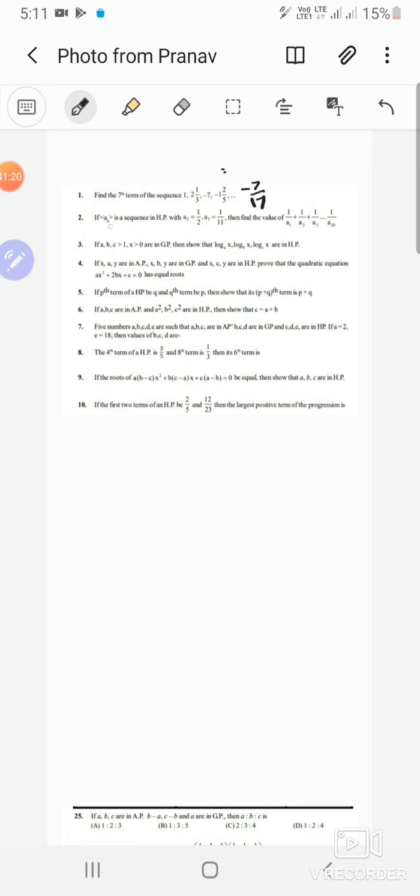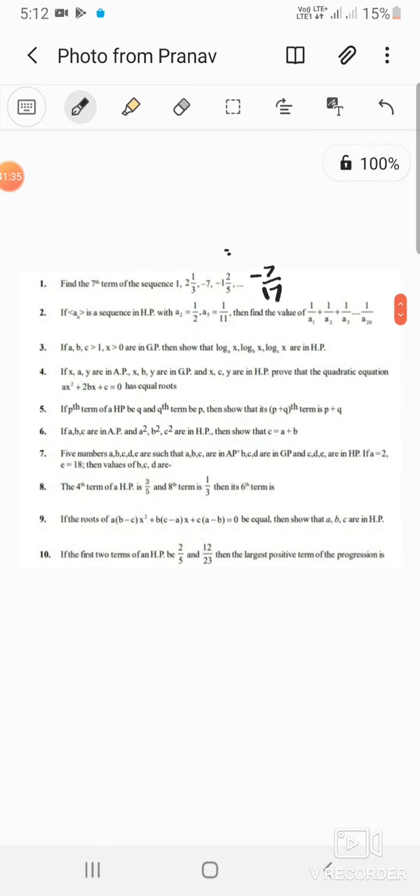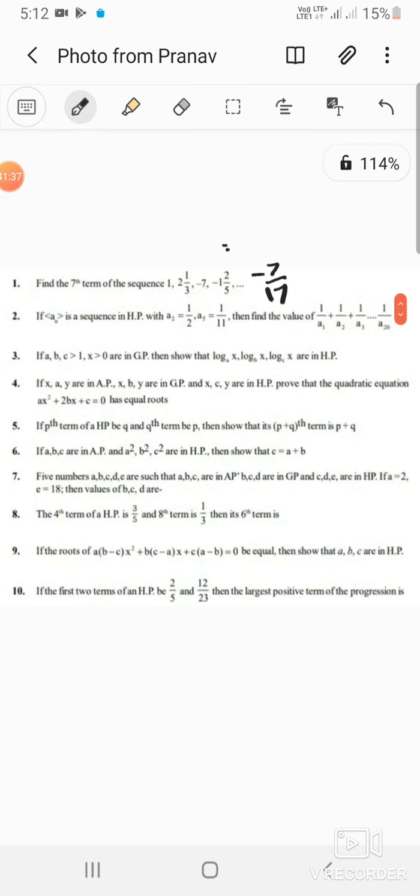If a_n is a sequence in harmonic progression with a2 equal to 1 by 2, a5 equal to 1 by 11, then find the value of 1 upon a1 plus 1 upon a2 plus 1 upon a3 all the way till 1 upon a20.